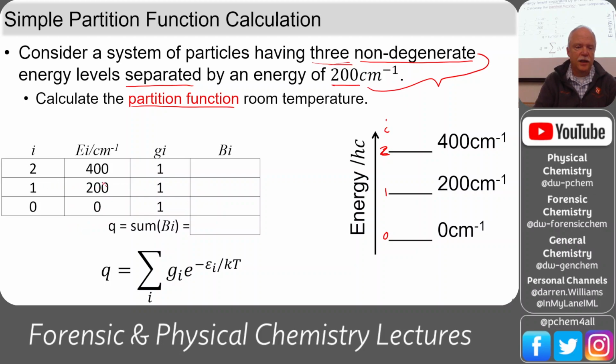The first excited state has 200 wave numbers of energy. The second excited state has 400 wave numbers of energy. They're non-degenerate, so the g of i's are all 1. And then this Boltzmann factor here is just that exponential piece, e to the minus epsilon i over kT.